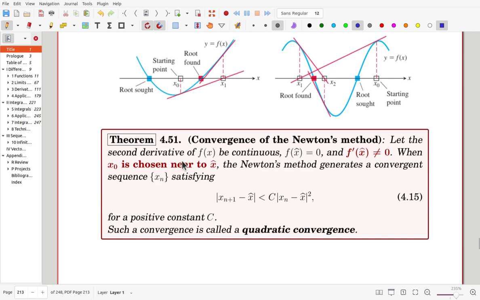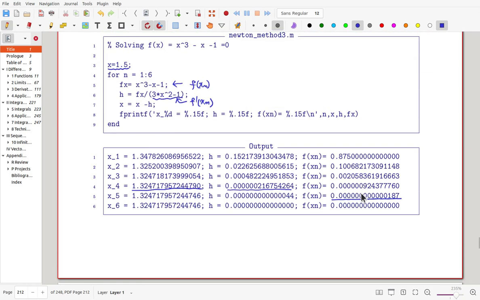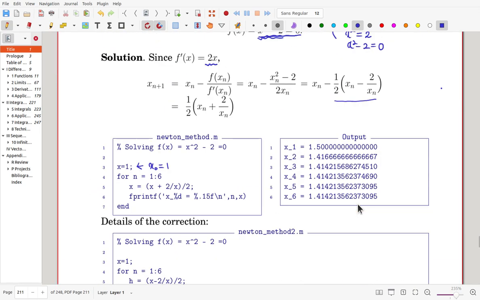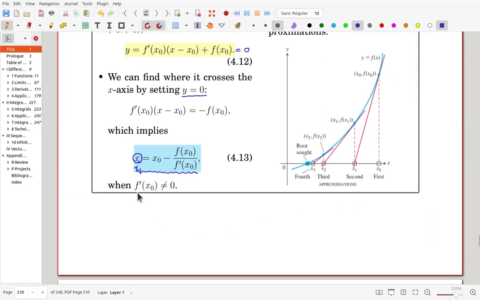So here we have a theorem, convergence of Newton's method. Assume the function has a continuous second derivative, and at x hat, f is 0, which means that x hat is a root, a solution of f(x) equals 0. And at the root, the derivative is non-zero. Earlier, when we formulated the Newton method, we assumed in the algebraic manipulation that f prime at x0 is non-zero.